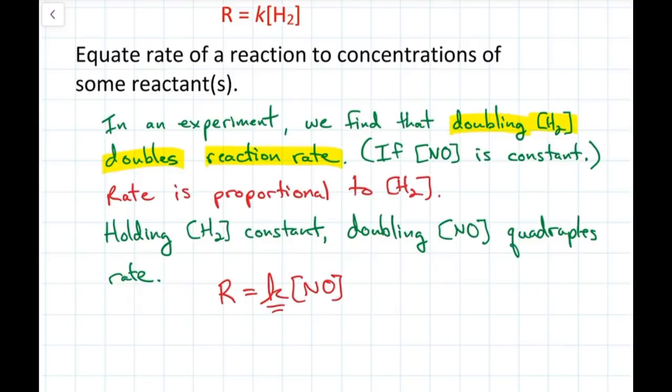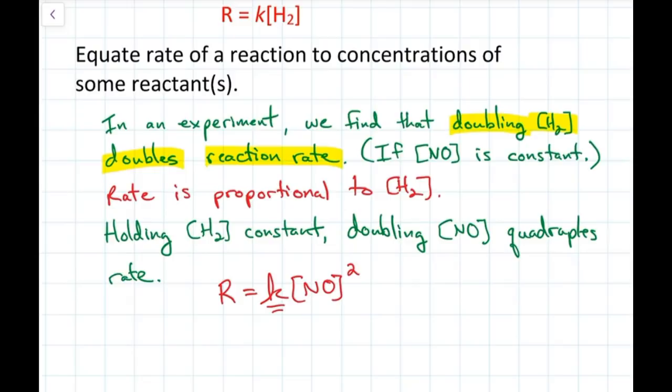So of course the conclusion then is, well, it's 2 to the second power, right? So doubling NO, because we're taking this to the second power, is going to result in a rate being quadrupled. It's going up 4 times. Okay, so this would be the rate law with respect to the NO, the nitrogen monoxide. So rate is proportional to the square of concentration of NO.